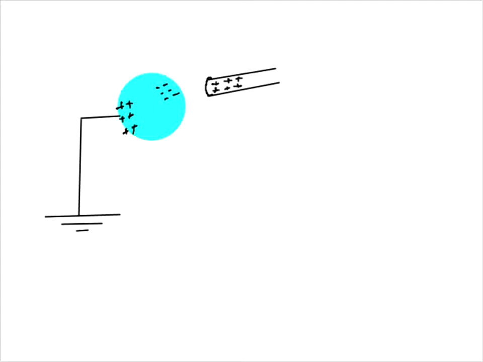Very well. So try to answer this question. A negatively charged rod is used to charge an electroscope by induction. Let me just say metal ball. A negatively charged rod is used to charge a metal ball by induction.